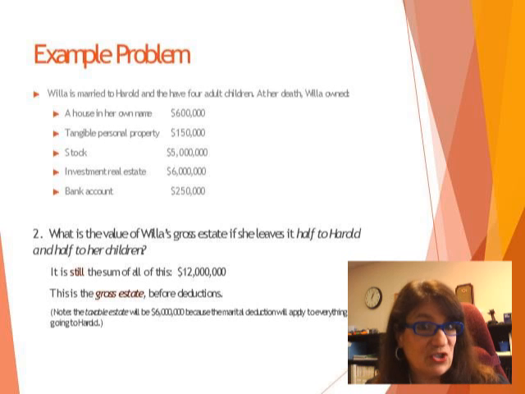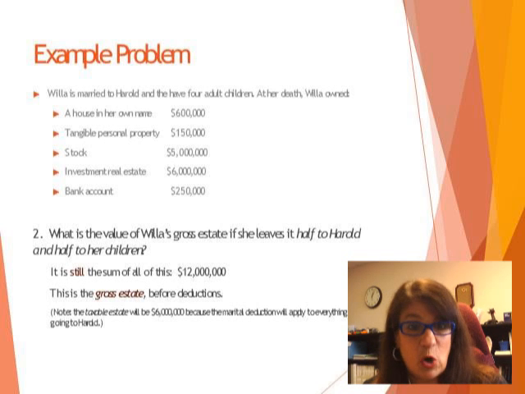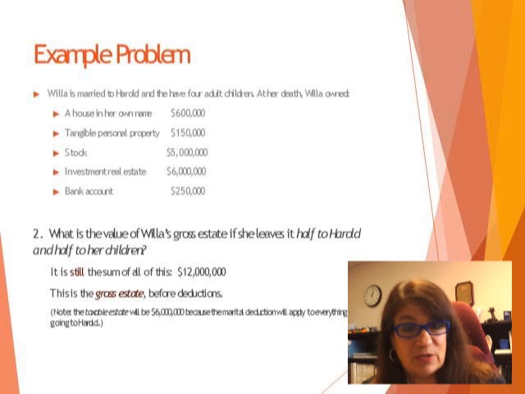It's like a trick question, right? Because it's still $12 million. The gross estate is the value of everything that Willa owned at death. Now, there is a deduction for transfers to her spouse, and that means that the half that goes to Harold will be deductible, and so the taxable estate will be $6 million. But the gross estate still includes everything.